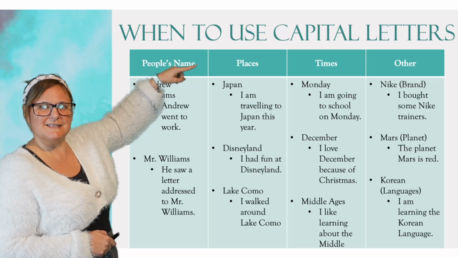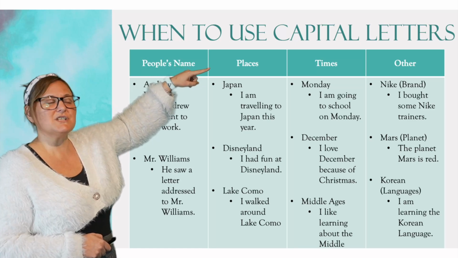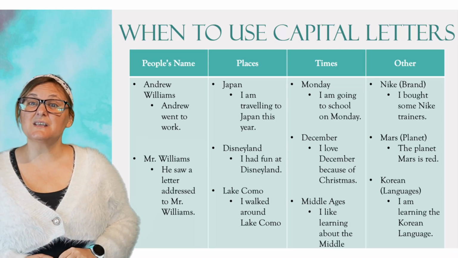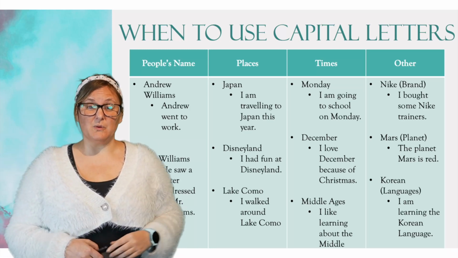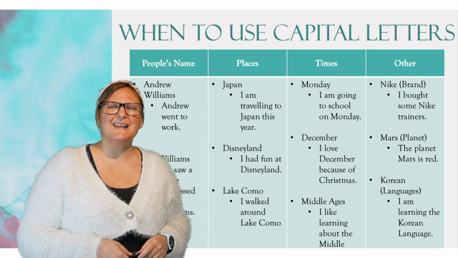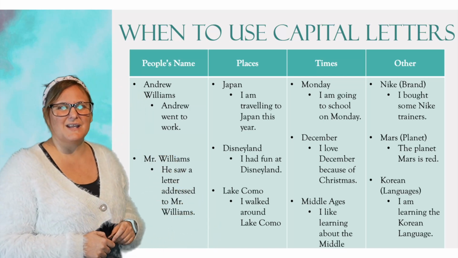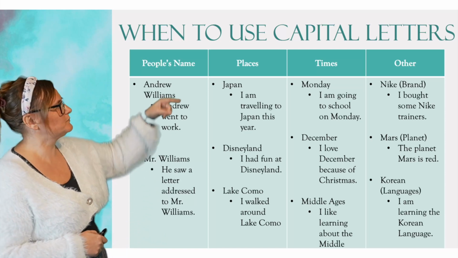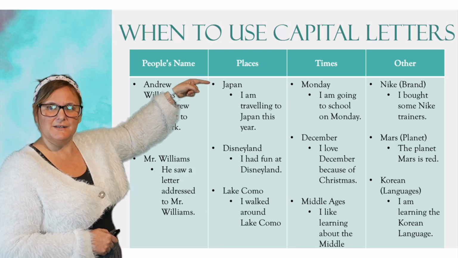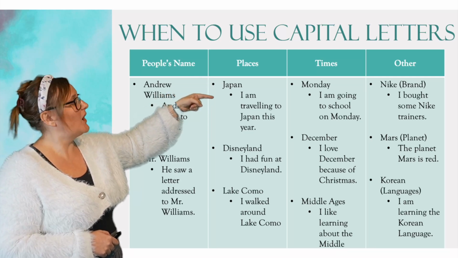The second one is places, which is very similar to names because they're not the names of people, but they are the names of places. So let's look at our example. First of all, we have Japan. We start with a capital letter.